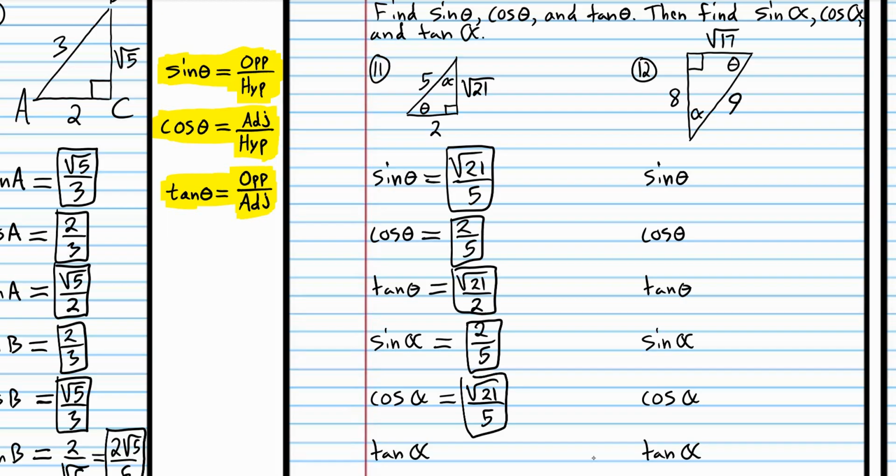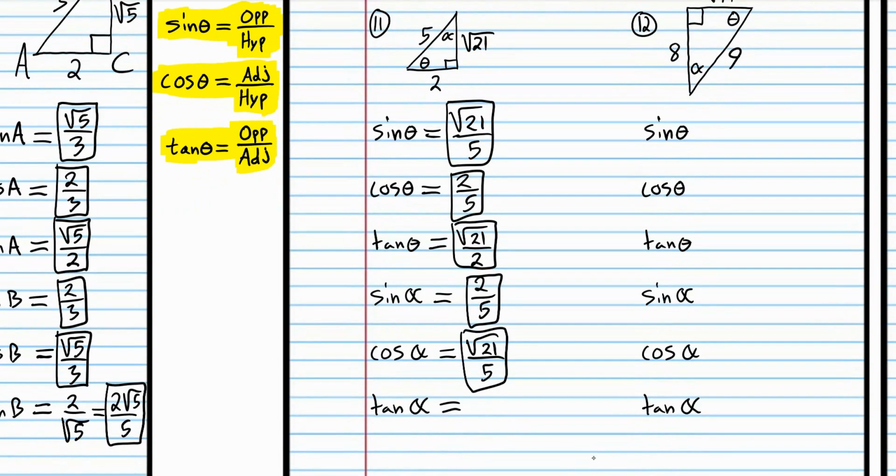Then tangent alpha, that's opposite over adjacent. Opposite alpha is 2, and adjacent is root 21, so we have a root in the denominator, multiply both sides by root 21, so we get 2 root 21 over 21. So very easy, as you can see.